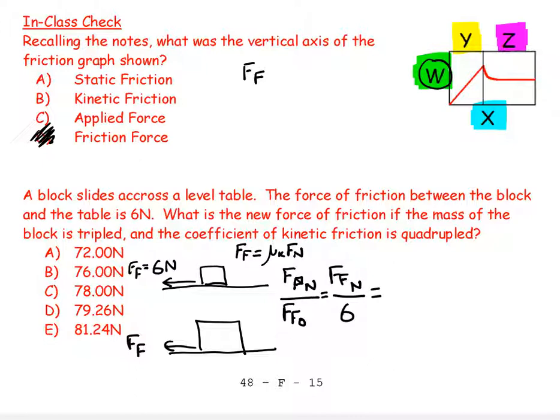But I also know that my FF is equal to mu k times Fn. So I can say my FF new is equal to mu k new times Fn new, and my old FF is equal to mu k old times Fn old. So I took the ratio of the two FFs, and now I'm taking the ratio of the two mu k times Fn's.